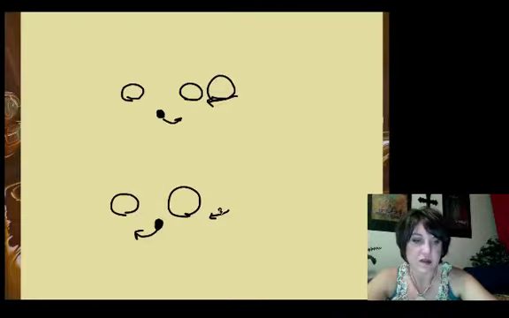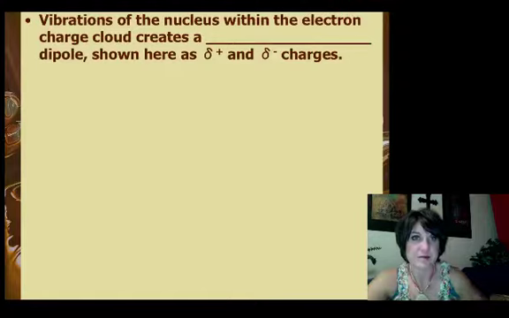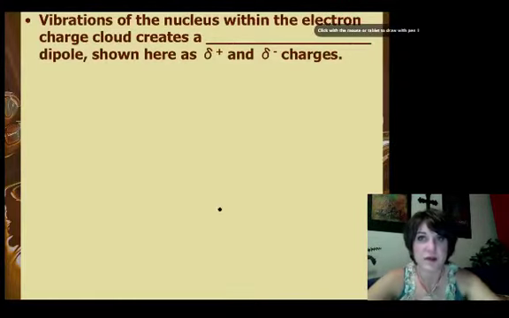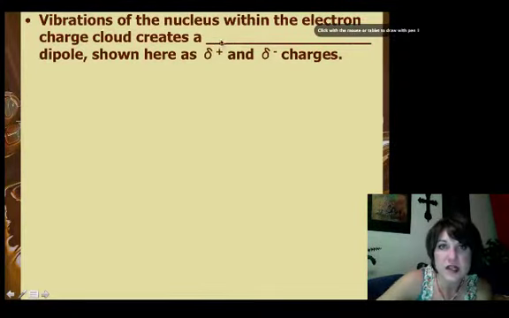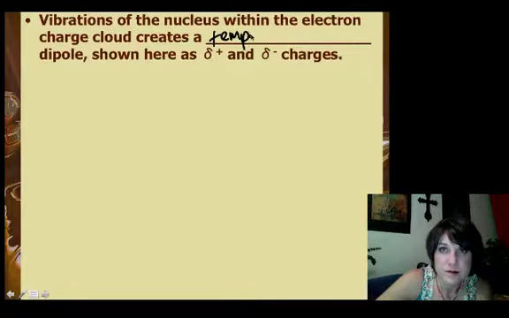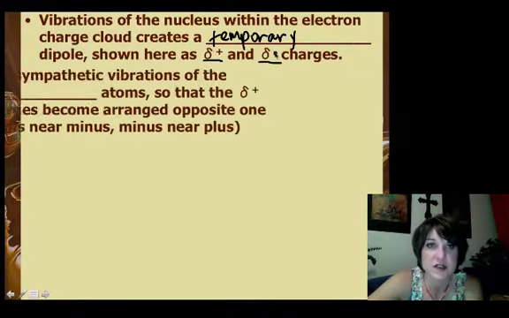So let's summarize that with words. First of all, the vibrations in the nucleus within the electron cloud create a temporary dipole, which we show using the partial positive and the partial negative charges.